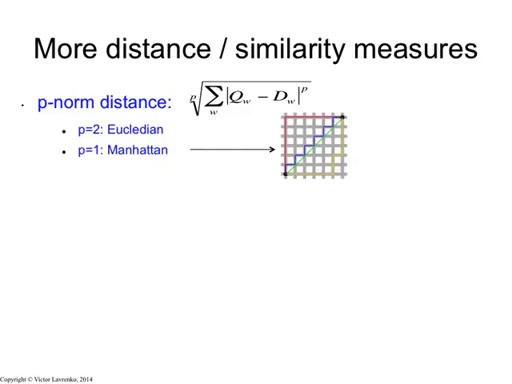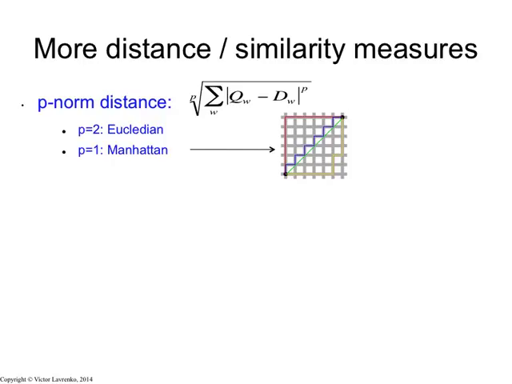If you set p to 1, you get Manhattan distance. Everybody remember what Manhattan distance is? When I'm computing the distance between the point in the lower left and the point in the upper right, Euclidean distance is just the length of the straight line. Manhattan distance is, imagine you are walking down city blocks. You can't walk straight from one point to another.